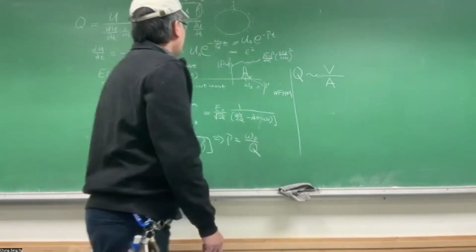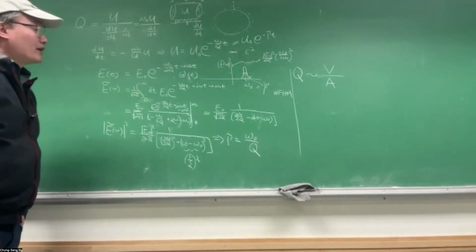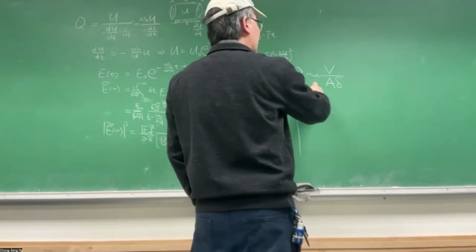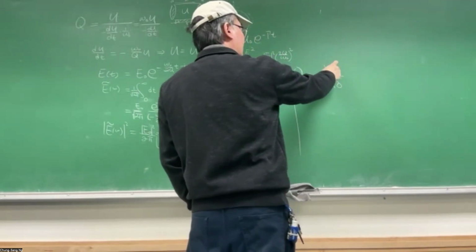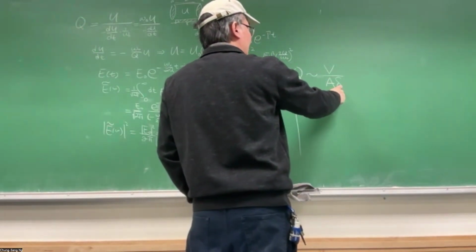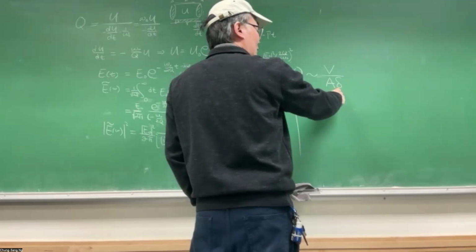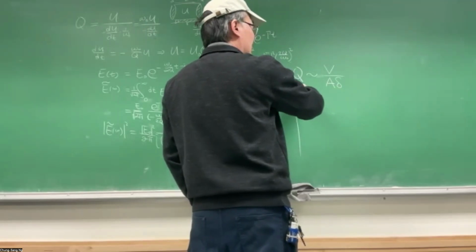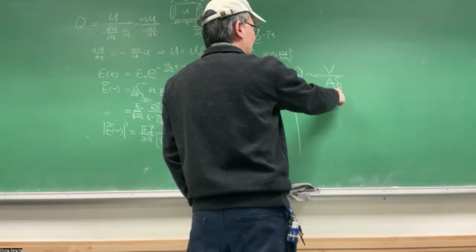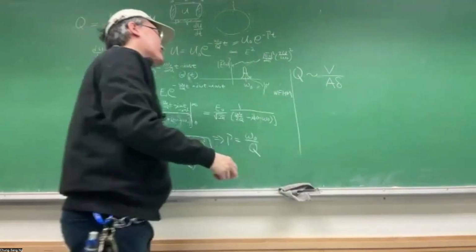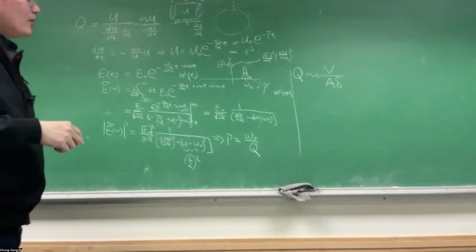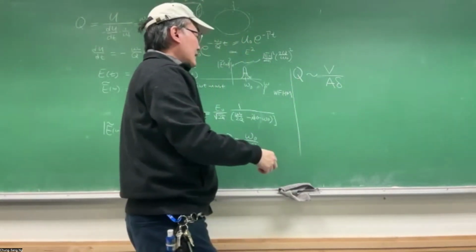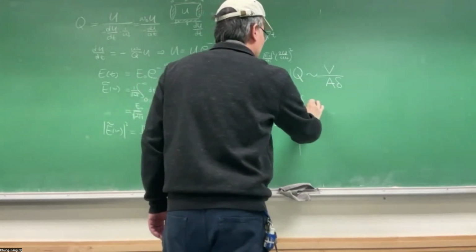And delta, the skin depth, has a dimension of length, so it's quite natural that delta should go in here. So the ratio is V divided by A delta, because if delta is small, in the ideal case, this will recover the ideal situation where Q is infinity. When delta is large, then sigma is small and the resonator is not that good, so Q is small.